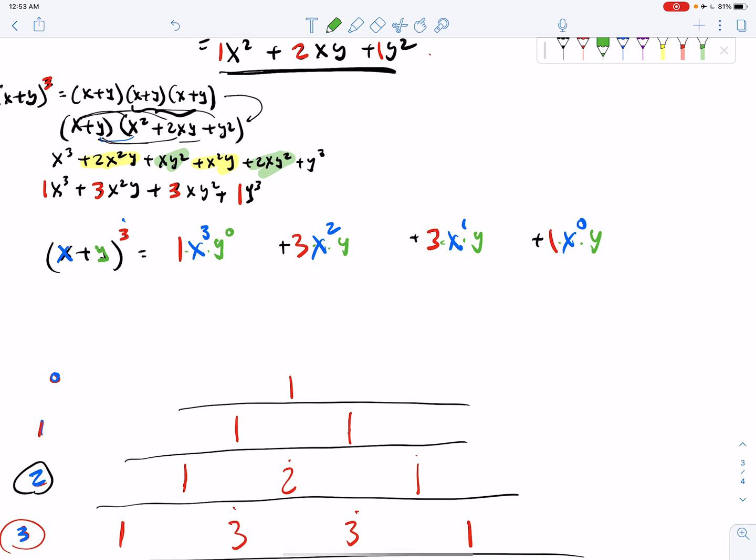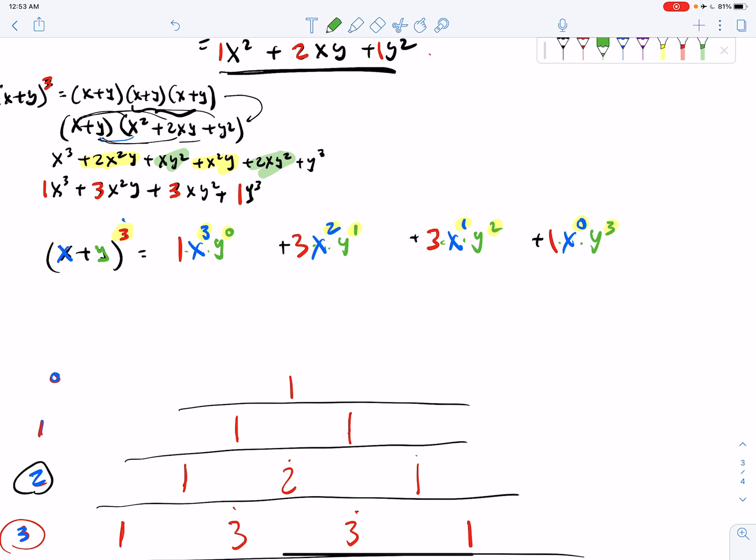And this starts at 0 and goes up 1, 2, 3. Now, one way to double check yourself is to realize that this power is 3, and when you add up the exponents, it better equal 3, right? 3 plus 0 is 3, 2 plus 1 is 3, 1 plus 2 is 3, 0 plus 3 is 3. And so that has to be true.